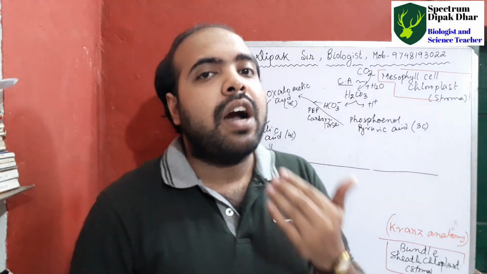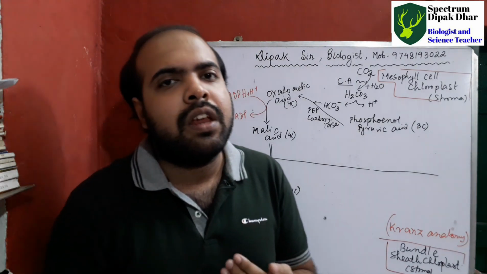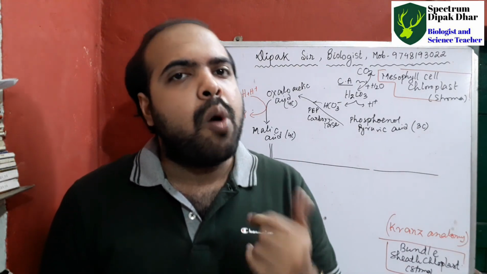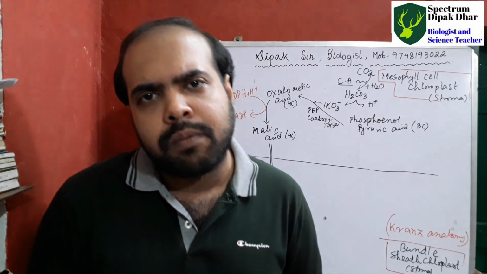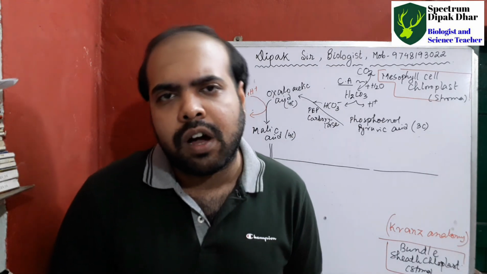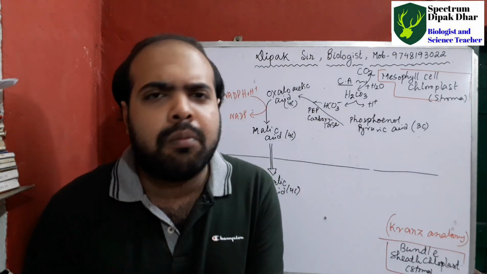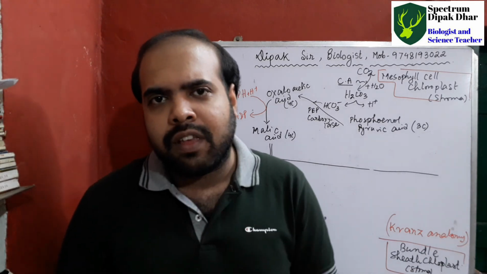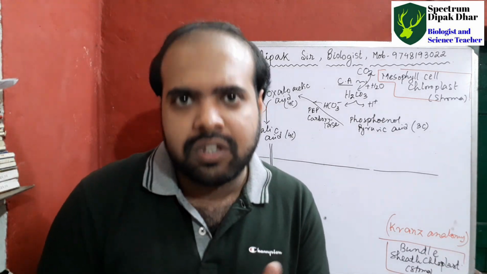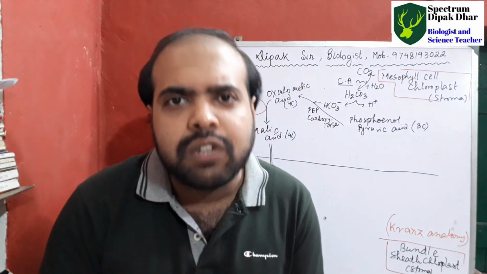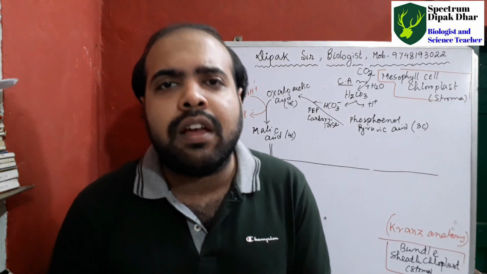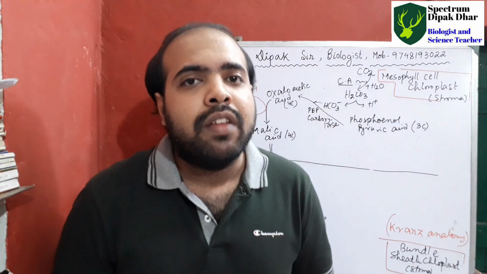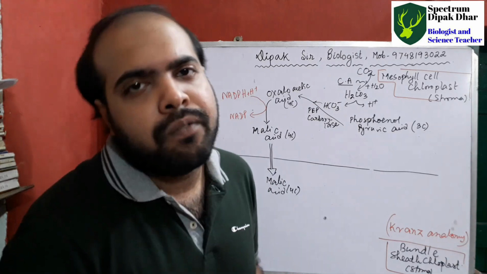That means the carbon number of the malic acid will be reduced. By how many molecules of carbon? By a single carbon, as carbon dioxide contains a single carbon, as well as a second event will be occurring with the malic acid. That is the oxidation of the malic acid.